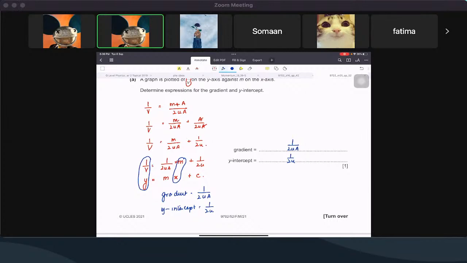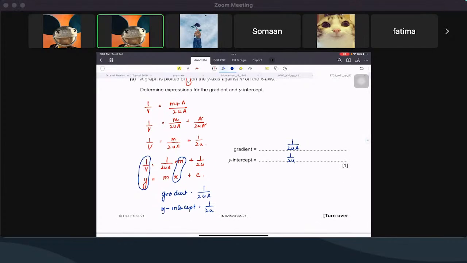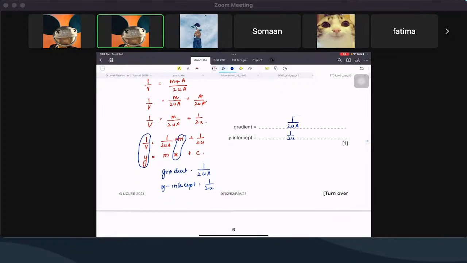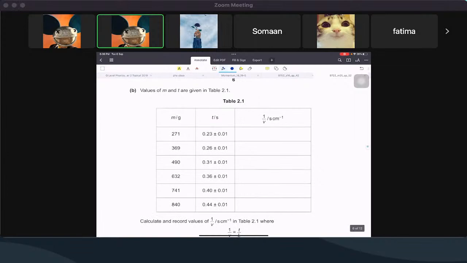So basically you just need to change the whole thing depending on the equation and compare it. This is similar to P3 last question number 1. Then go to the next one. In this particular question, they are saying that there is m, there is time, and then there is 1 upon v.